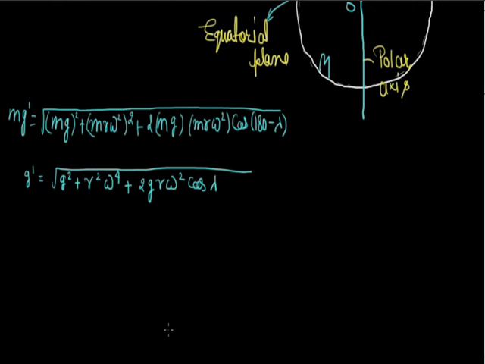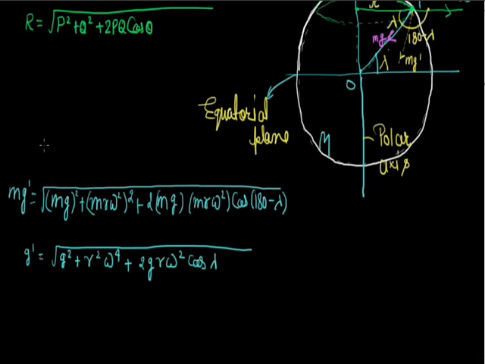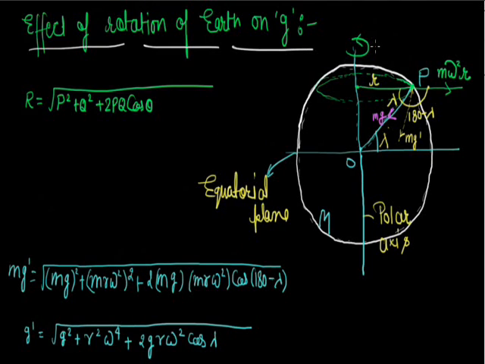Now by this triangle, suppose this point is O, P, and suppose it is point A. By triangle OAP we can write cos lambda equals small r upon capital R, base upon hypotenuse. So small r becomes R cos lambda.